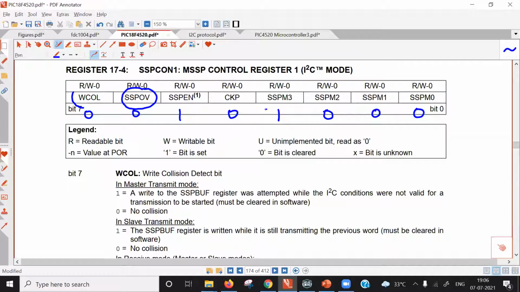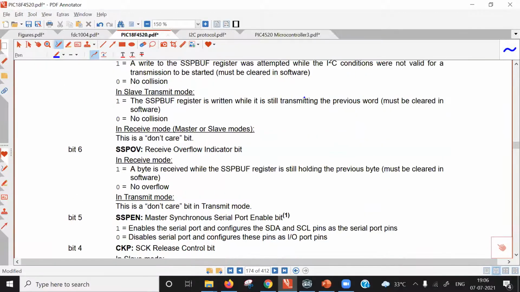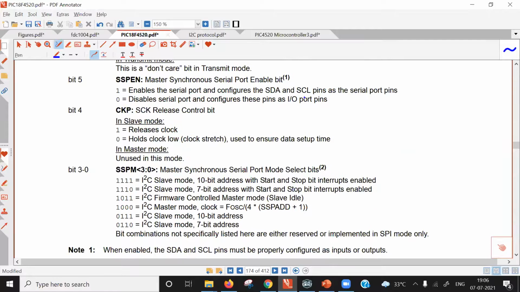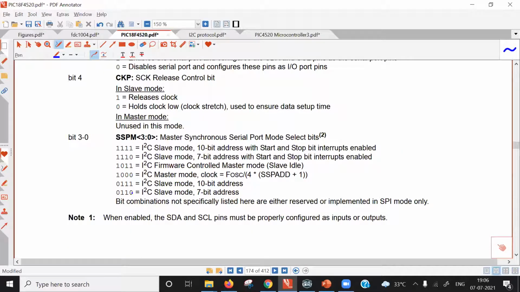Then last 4 bits. These last 4 bits are related to different configurations here. When last 4 bits are 0110, I2C slave mode is initiated. When last 4 bits are 0111, I2C slave mode 10-bit address. There are 2 modes, 10-bit address, 7-bit address.